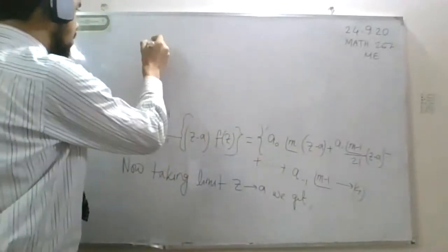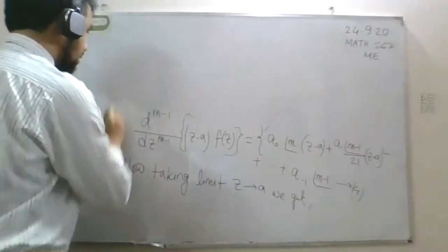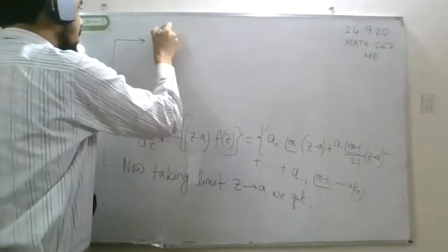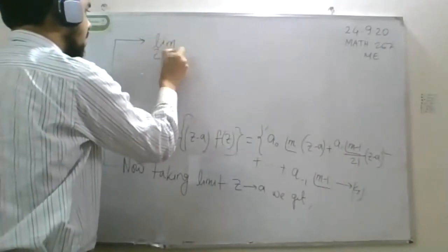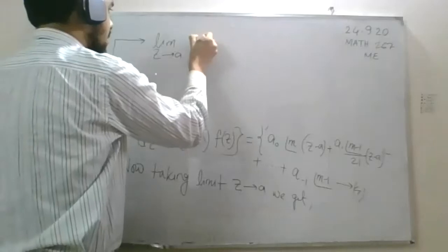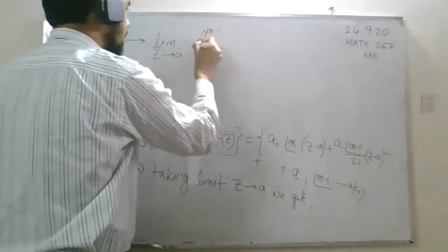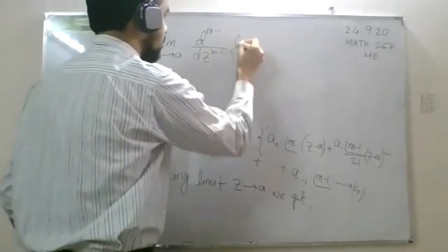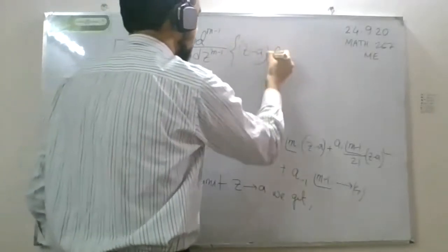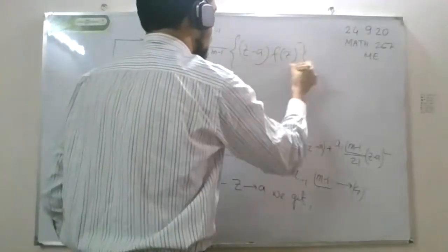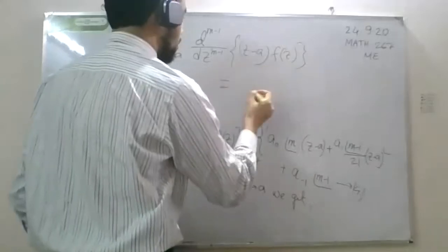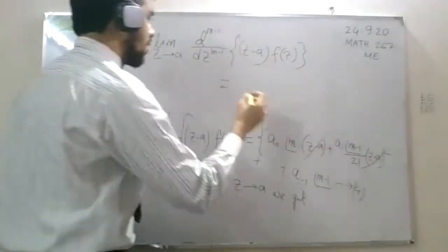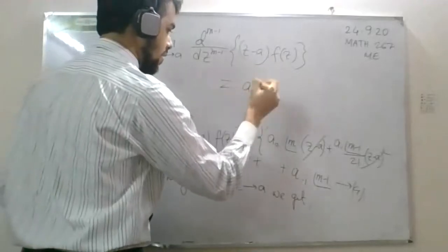Okay, I will just write this thing here. Limit z tends to a, d to the power m minus 1 divided by dz to the power m minus 1, also here z minus a into f(z). If I take limits, this term and this term will be gone, so we can get a minus 1.